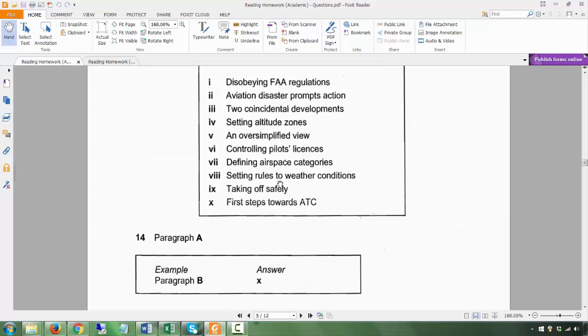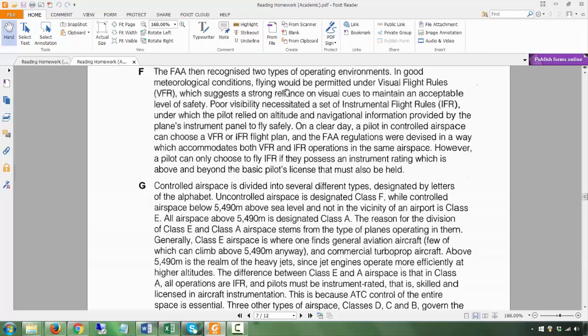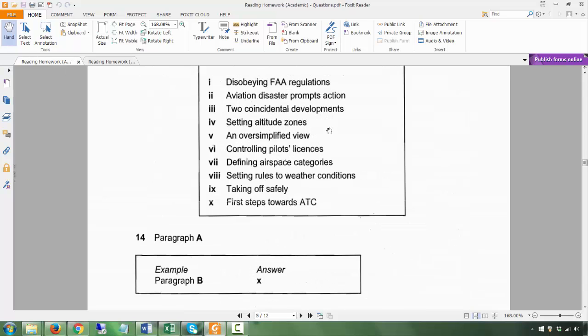Okay, so there you have it, setting rules again to weather conditions. Just now it was talking about according to altitude, different heights, you have different zones. Here you're setting rules according to weather conditions, and the weather conditions basically is talking about whether it's clear, whether it's visible, okay, whether it is not visible, etc. Right?